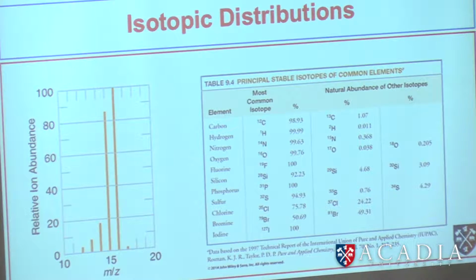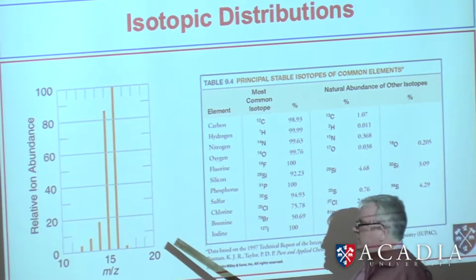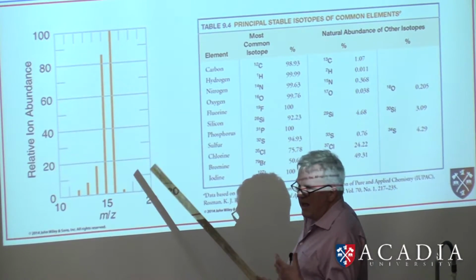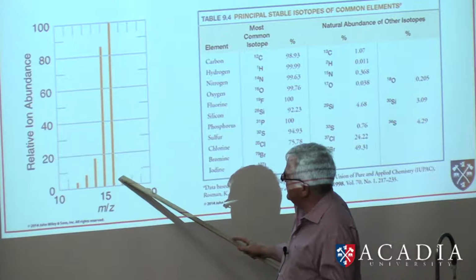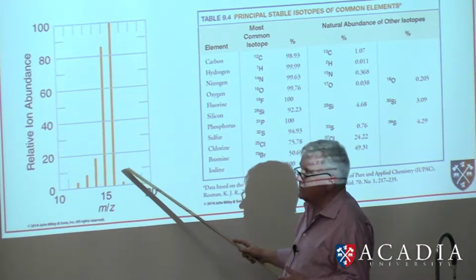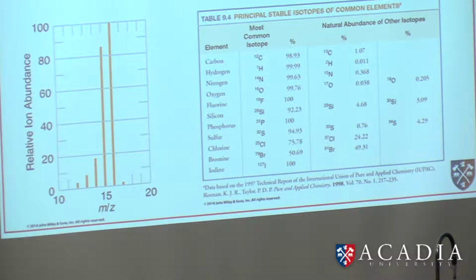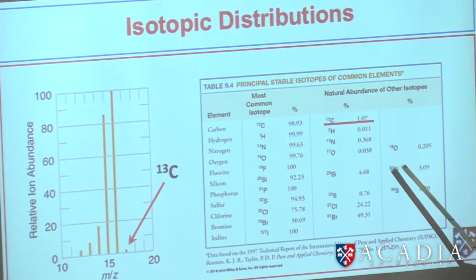So we talked a little bit about isotopic distributions. So here is a mass spectrum for methane. Rather boring. Methane has a molecular mass of 16, and we see a little bit here at 17. That's because of mostly carbon-13 and/or deuterium.